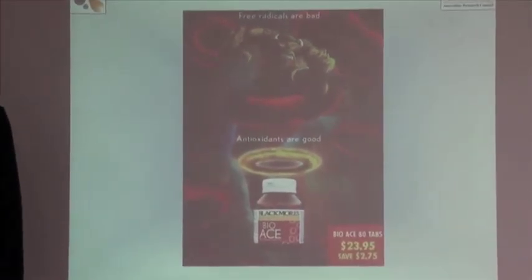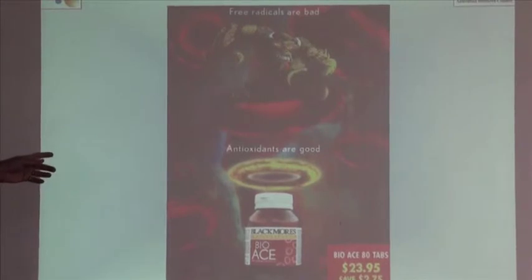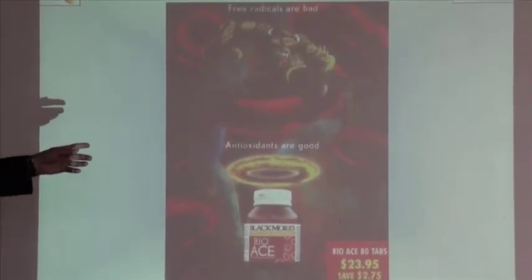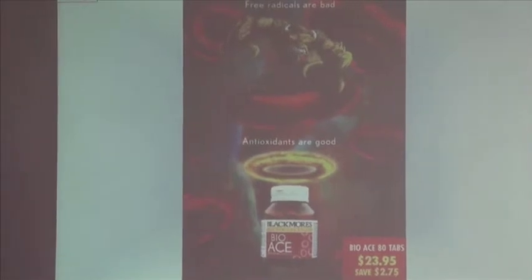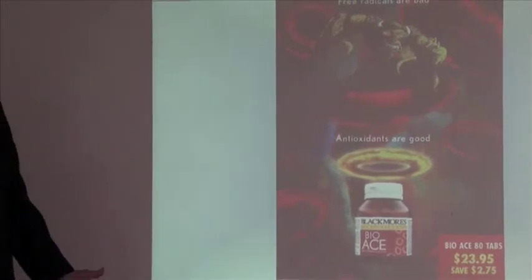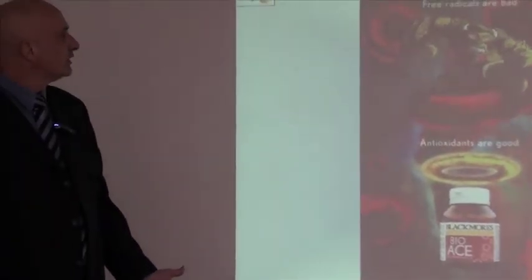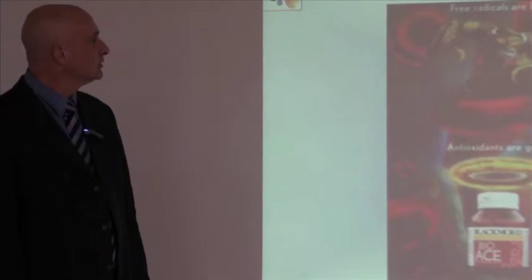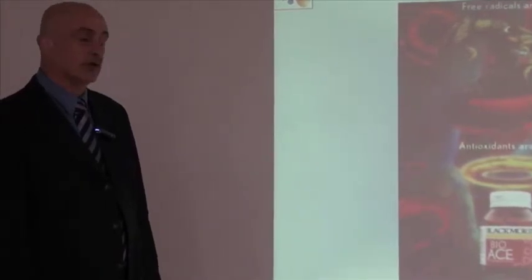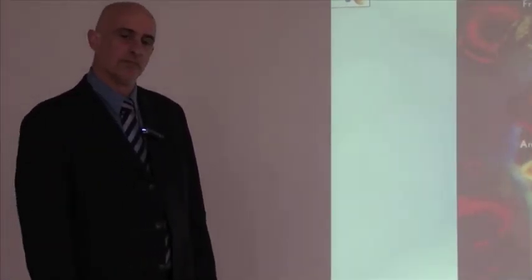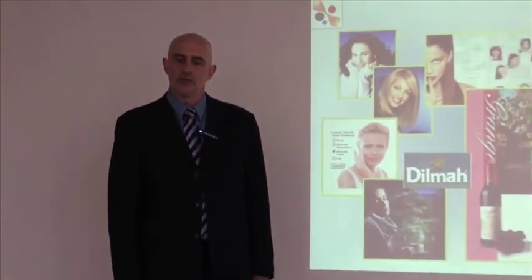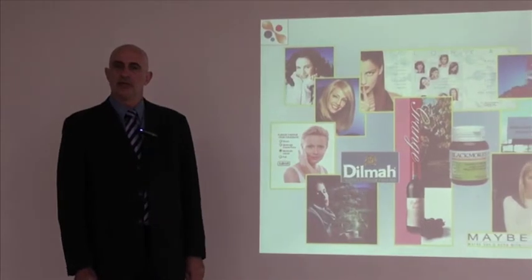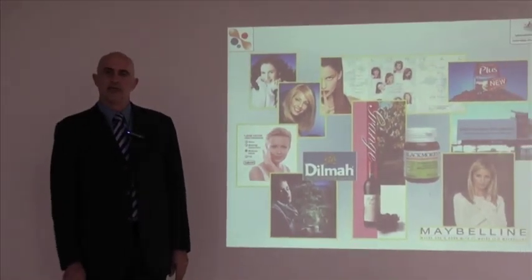In this example, you can see that free radicals are depicted as a nasty green critter with teeth and horns, and if you were to buy this particular brand of antioxidant, complete with a free halo, it combats the free radical damage from this green nasty critter who happens to be surfing a red blood cell in this advertisement. Now, free radicals are not green nasty critters with horns. They are molecules with unpaired electrons, and I'll talk about that in a little moment.